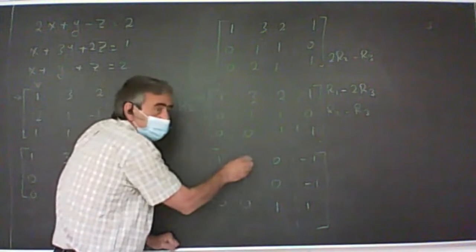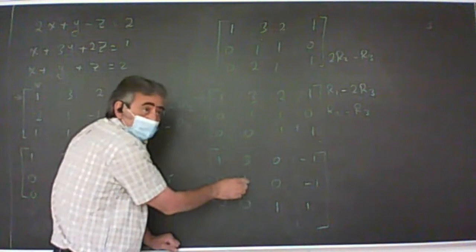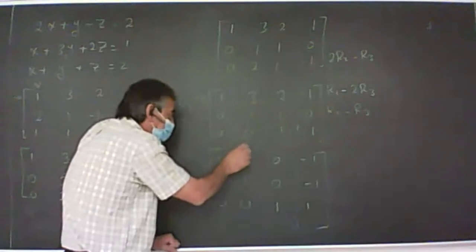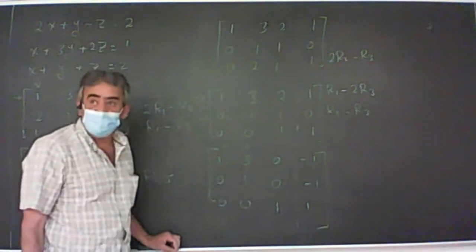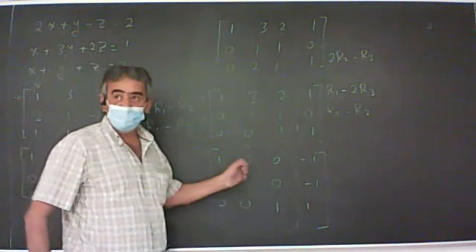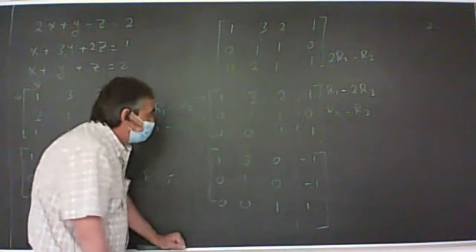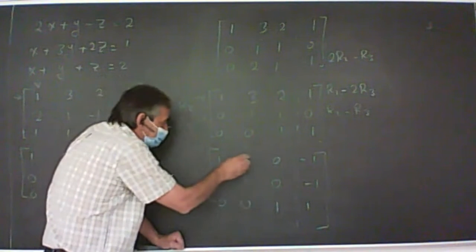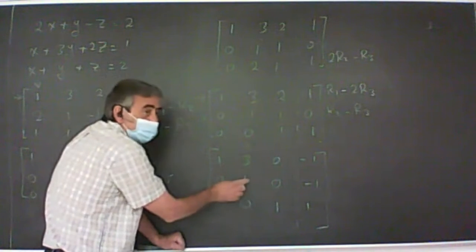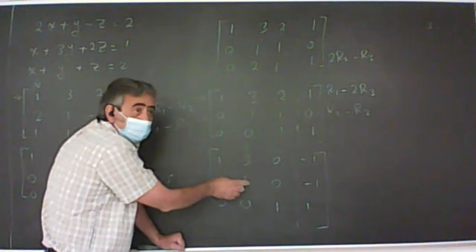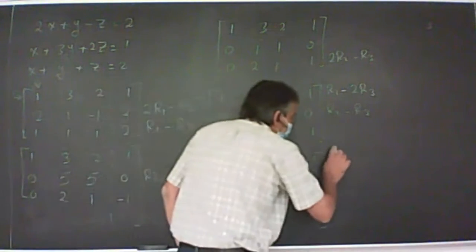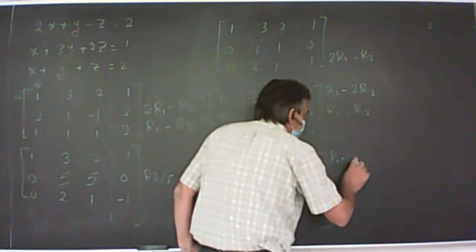So if I want to make this 0 using this, whichever column you want to make zeros in, you go to that row and use that column and row number. So if I want to make this 0, I can multiply this by 3 and subtract. So R1 minus 3R2.